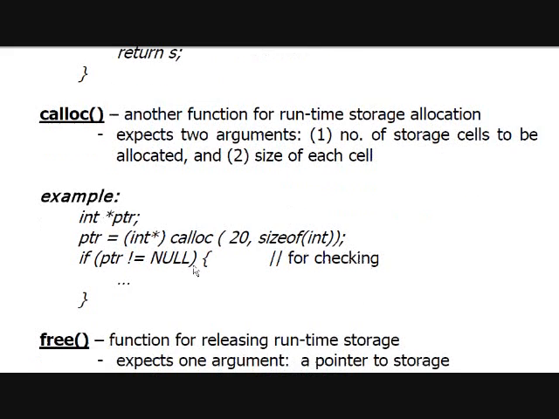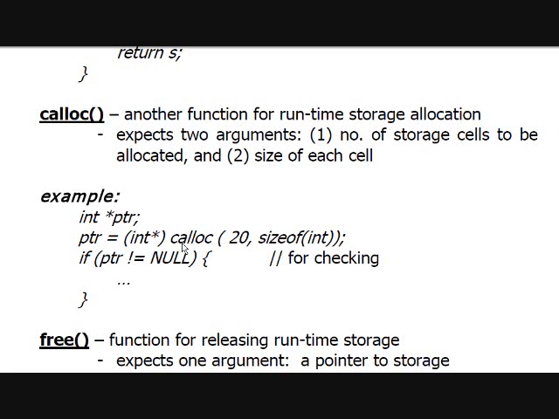Okay, so for example, this is how we use calloc. Here we declare a pointer variable, which is a pointer to an integer, and using calloc, if we want to allocate 20 cells of 2 bytes of memory each, which is the size of our integer, we just separate it with a comma.